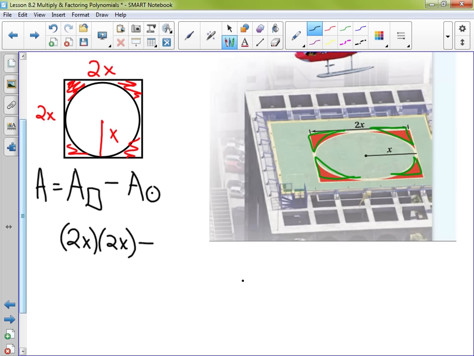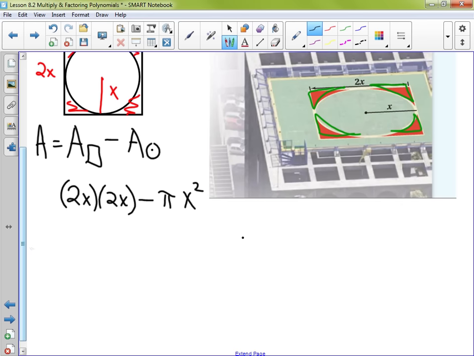Minus, how do you find the area of a circle? Pi times the radius, which is x in this case, squared. So if I simplify this expression, I get 2x times 2x is 4x squared minus pi x squared.